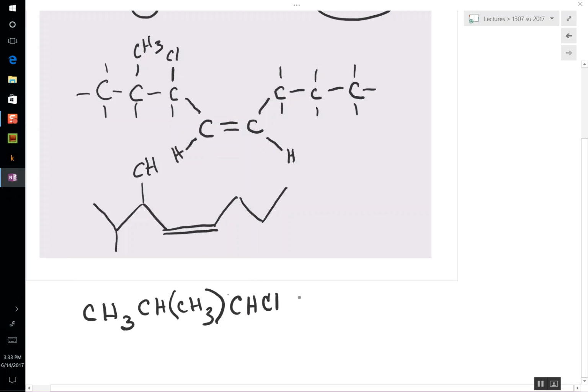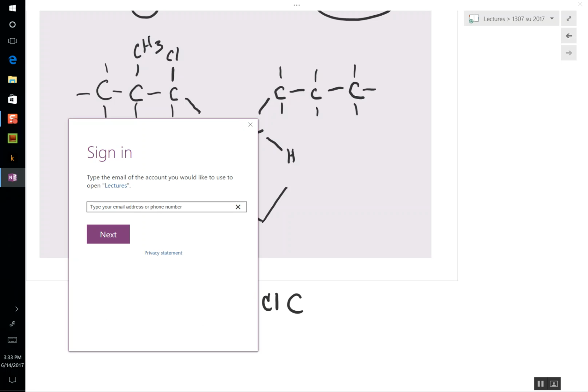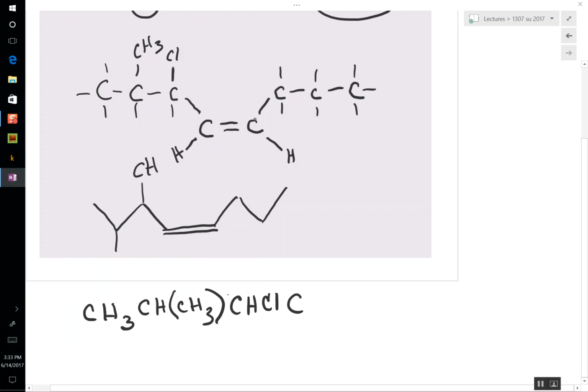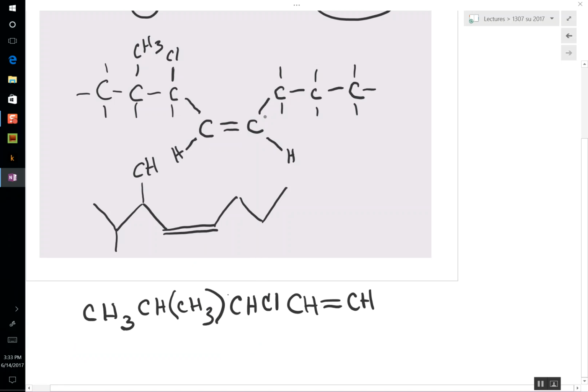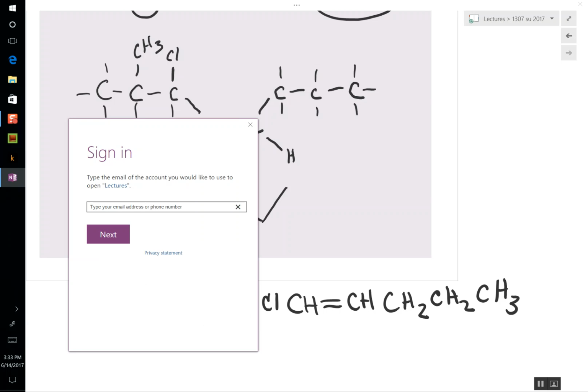And then you're going to have a C. Then you're going to have this. That's your condensed formula. And then you're going to have a CH2, CH2, CH3. There's your condensed formula.